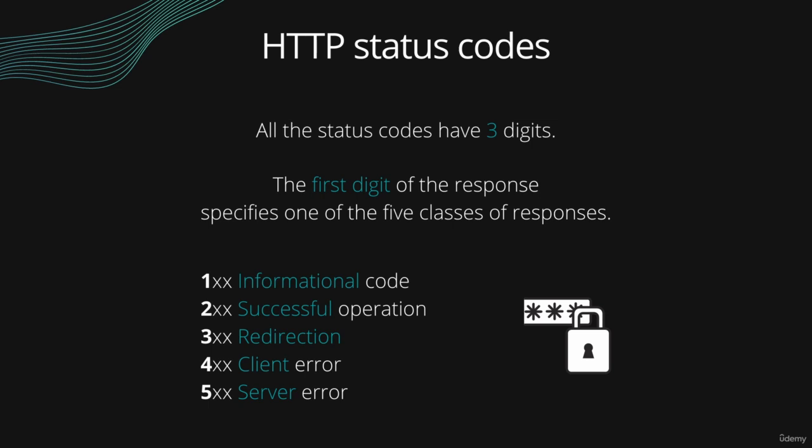For 4, that comes from client error. So if your 3-digit code starts with 4, something went wrong on the client side, and the request contains bad syntax or it cannot be fulfilled. So that's something that went wrong, again, on the client side, not on the server side.